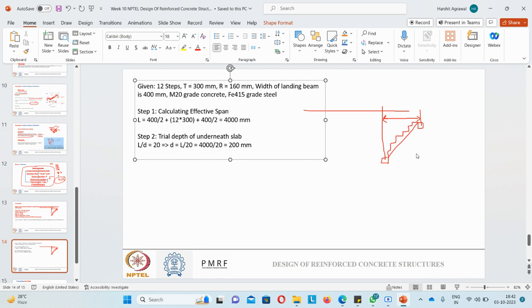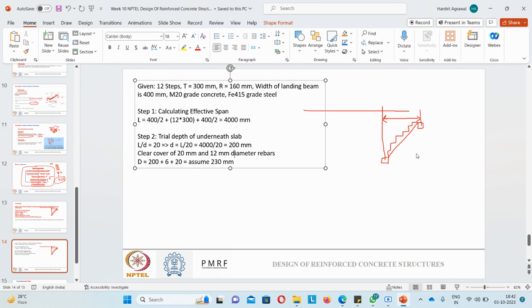So if I take a clear cover of 20 mm and suppose I'm using 12 mm diameter bars, my total depth will be 200 plus 6 plus 20, so it will be 226. I can say 230 mm. Suppose I am providing, assume.